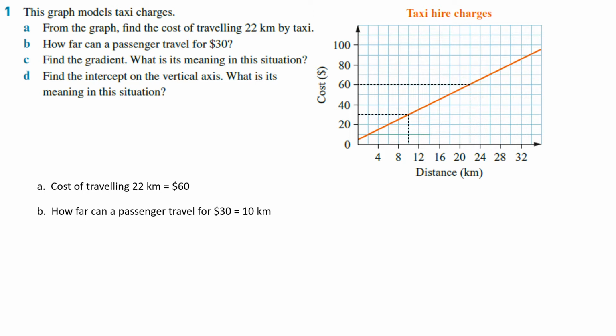And if we come across to 14 in distance, we can then go up to the red line at 40. So our rise from 10 to 40 is 30. And our run is 12, which is from 2 to 14. So rise over run equals 30 over 12, which equals 2.5.